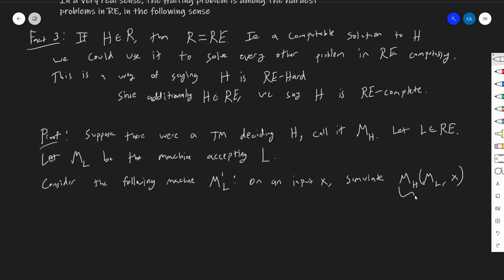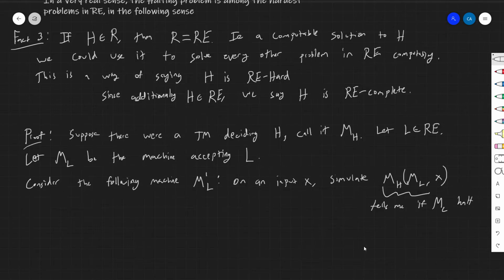So this tells me if M sub L halts on X. If it does, then M sub L of X accepts, because that's all it can do. So halt and accept. Otherwise, reject.